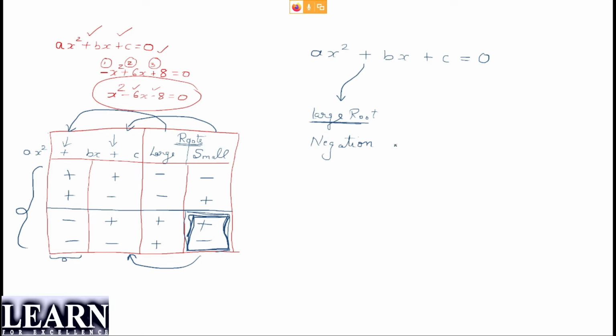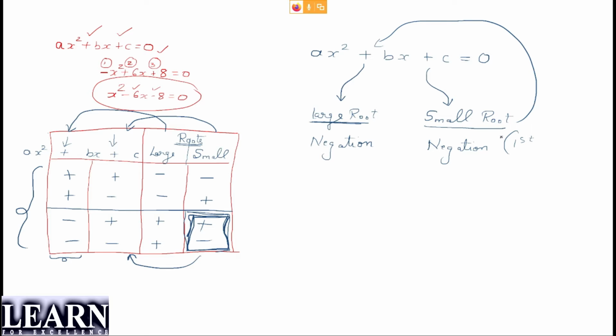Clear? Always negation. Next, the second one depends. It talks about the smaller root. Clear? It will be negation when the first sign is positive.